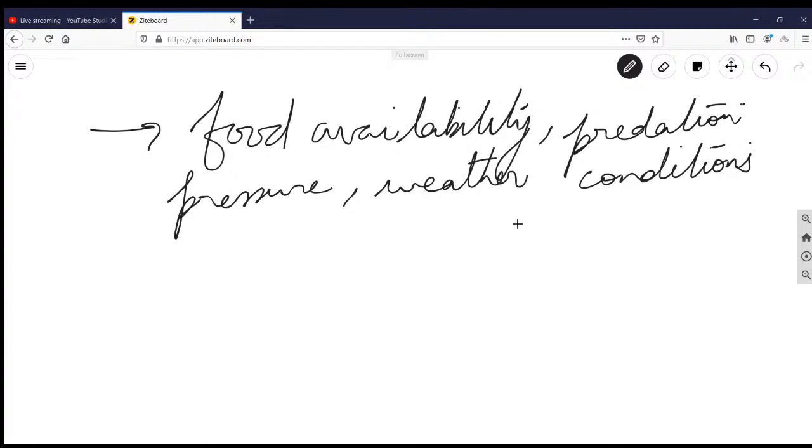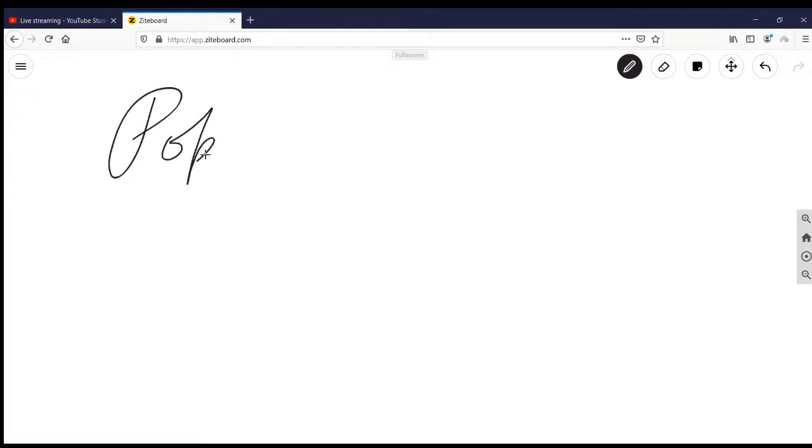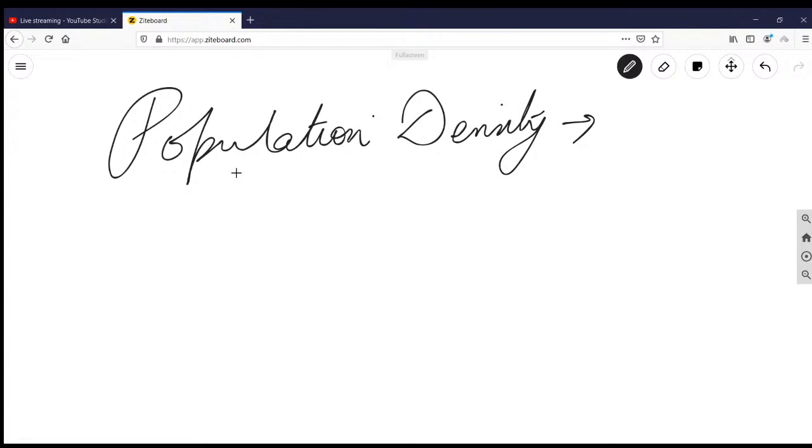Okay. Now coming on to the population density. Evolution has a major role to play. Always keep that in mind while studying ecology or organisms and populations chapter. Evolution is the core of all these chapters. Okay.